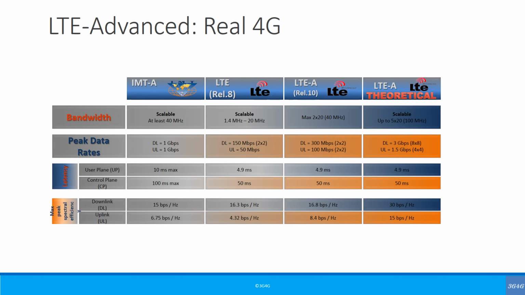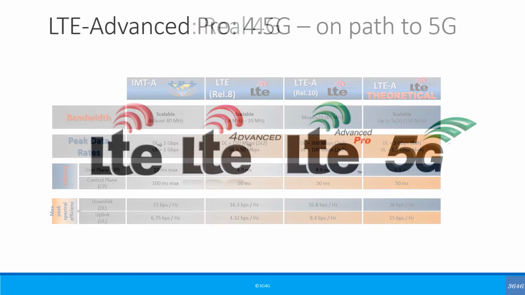Now this is a really high amount of data transfer, and it's only in theory because it expects a device to have 8 by 8 MIMO, right? It's basically saying 8 antennas. The transmitter should have 8 antennas, the receiver should have 8 antennas, and you don't have this. So this is just theoretical, but let's not argue over these things. This is fine. This is the real 4G, we can say.